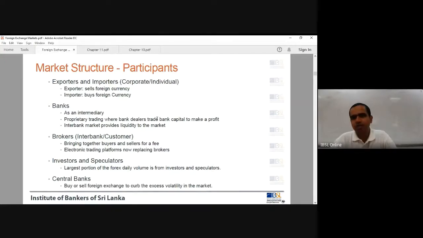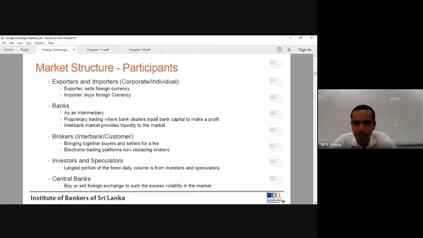Now, not every transaction is electronic. Banks usually deal mostly with electronic transactions, with very little physical transactions. Physical currency notes do come to banks. Those need to be encashed, right? Also, there are a few non-bank financial institutions who are also involved in foreign exchange.